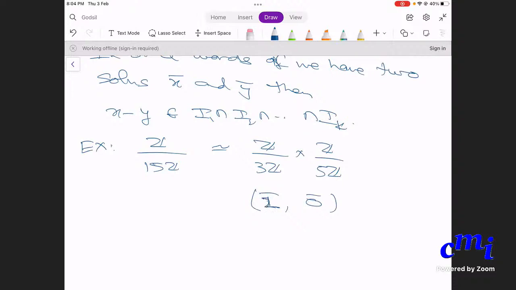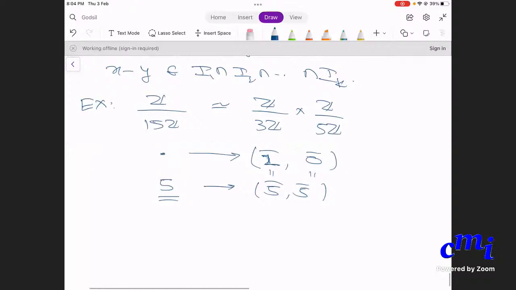I want an element here which goes to 2 bar, 0 bar. That means I want an element which is congruent to 2 mod 3 and which is congruent to 0 mod 5. So 5 itself works. So 5 goes to 5 bar, 5 bar. But 5 bar is the same as 2 bar in Z mod 3Z, and 5 bar is the same as 0 bar in Z mod 5Z. So 5 is the solution.